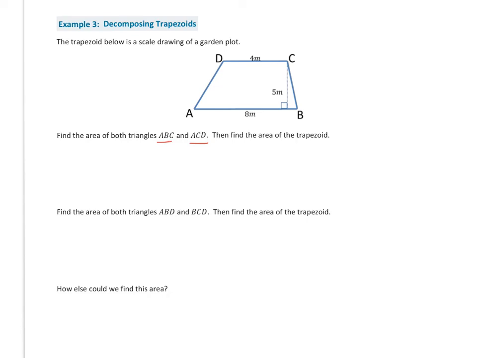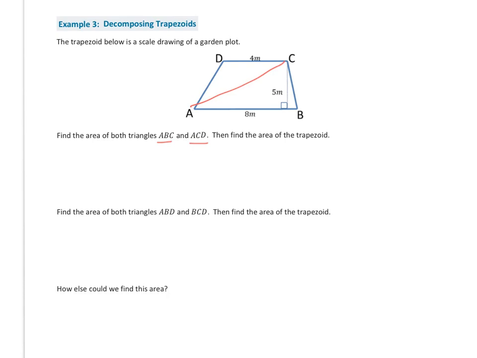So we're dividing it into our two triangles. And now we need to find the area of each triangle. So we have a base and a height for each of them.